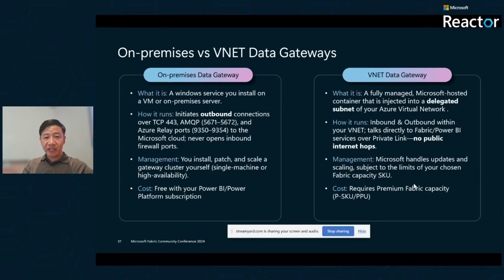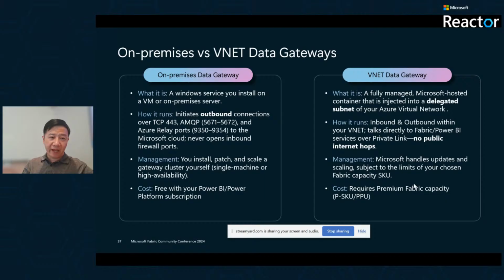But for VNet gateway, because it's a fully managed environment, you just need to enable some NSG rules. That's all. You don't need to open specific ports. It runs on standard TLS 443 ports, and that also gives you more granular control on your subnet. It will not touch your corporate firewall at all.